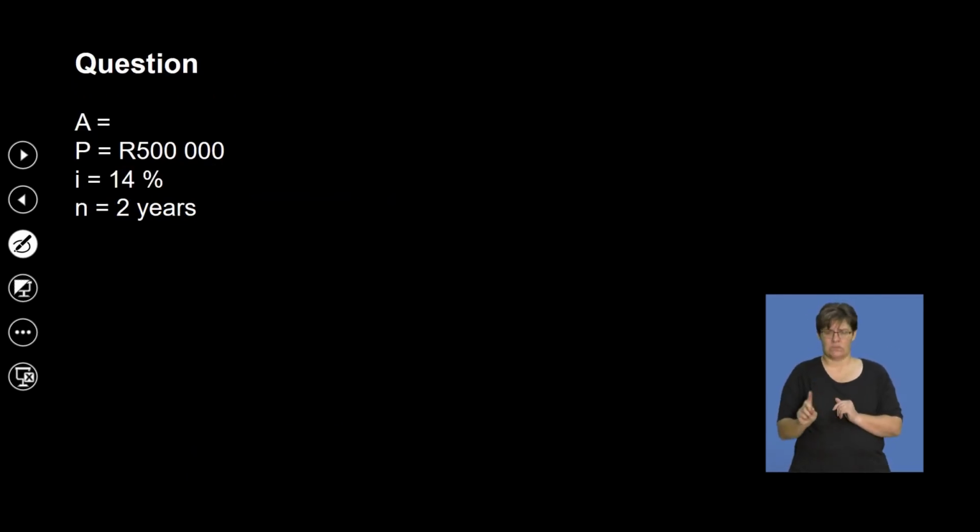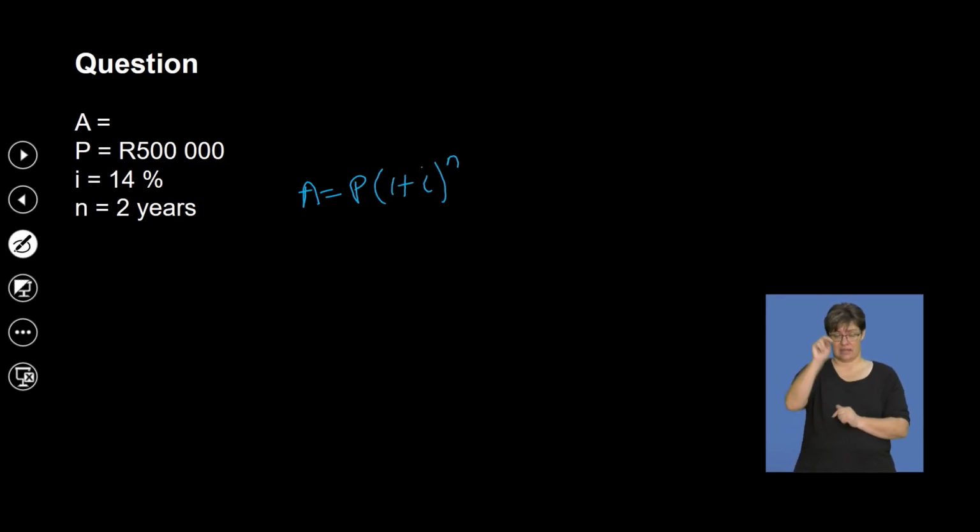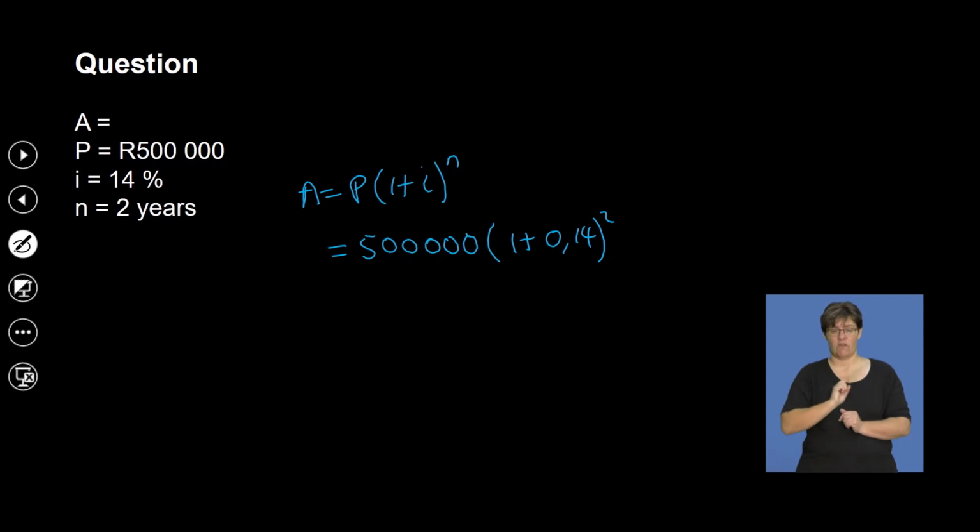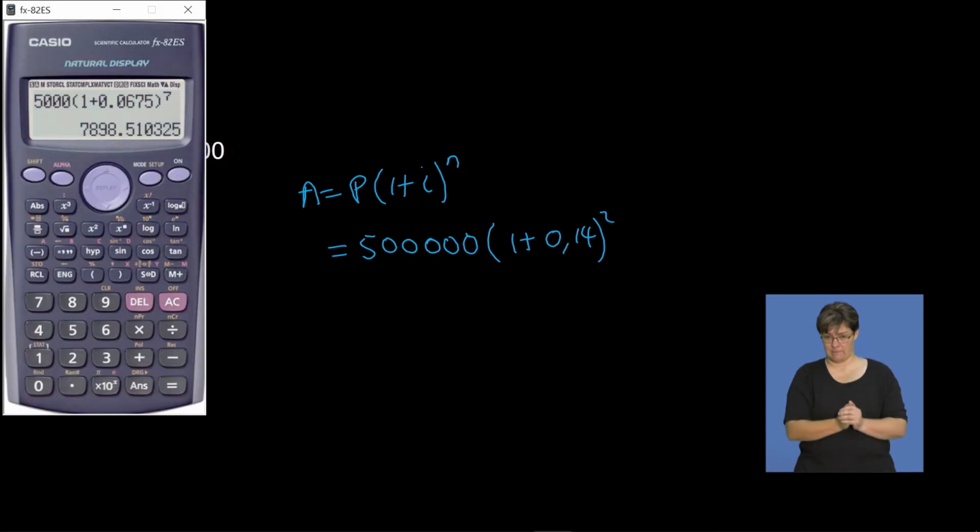So remember, always start with data. Now A is equal to P into 1 plus i to the exponent of n. The P value will be the 500,000 that Nceba invested in the share market. 1 plus the interest was 14, so it's 0.14, and this was to the exponent of 2 because it was for the first 2 years.